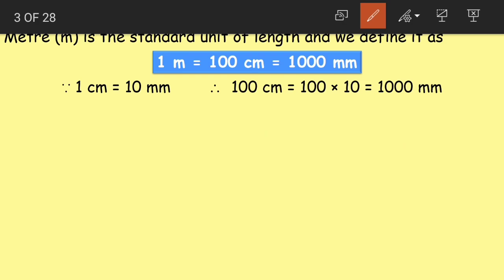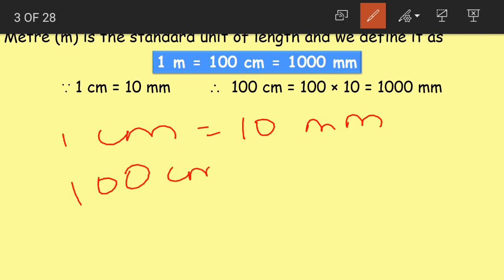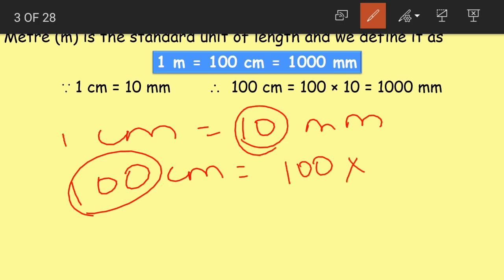Now when I say 1 centimeter is equal to 10 millimeters, 100 centimeters will become what? 100 centimeters will become 100 into each centimeter is 10 millimeters, right? So 100 into 10 millimeters. Understood children?